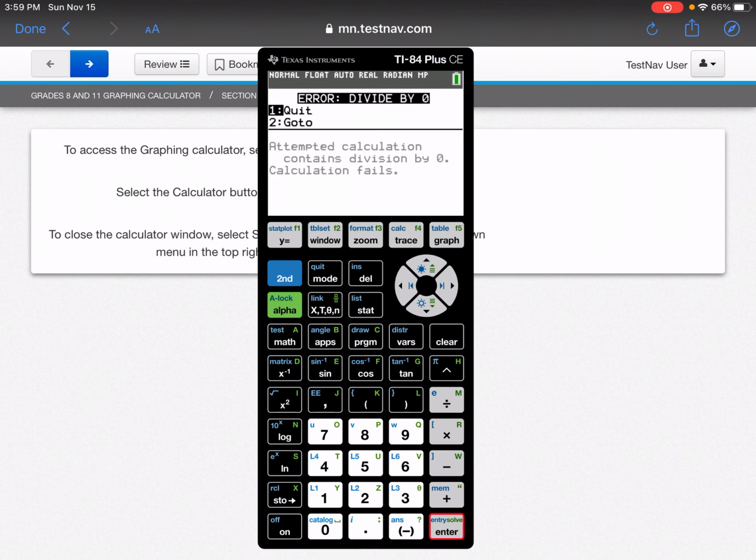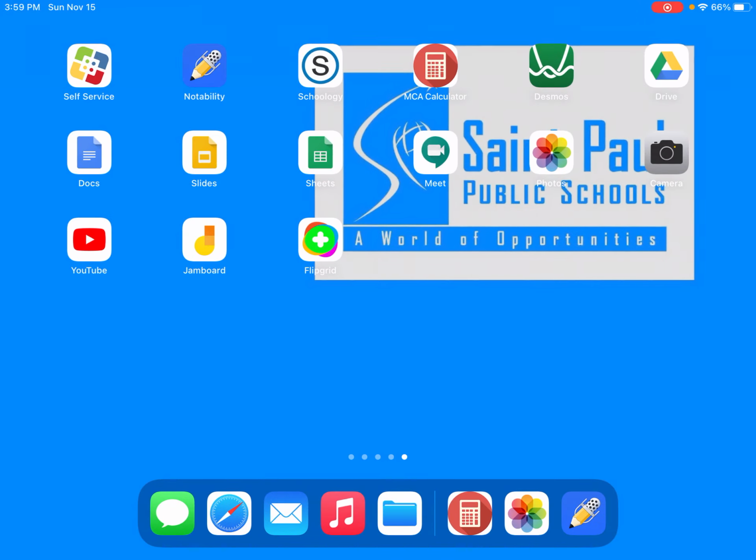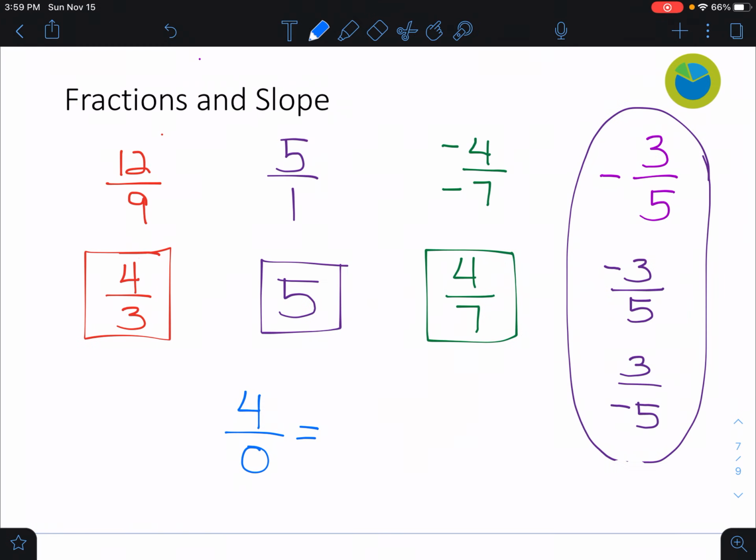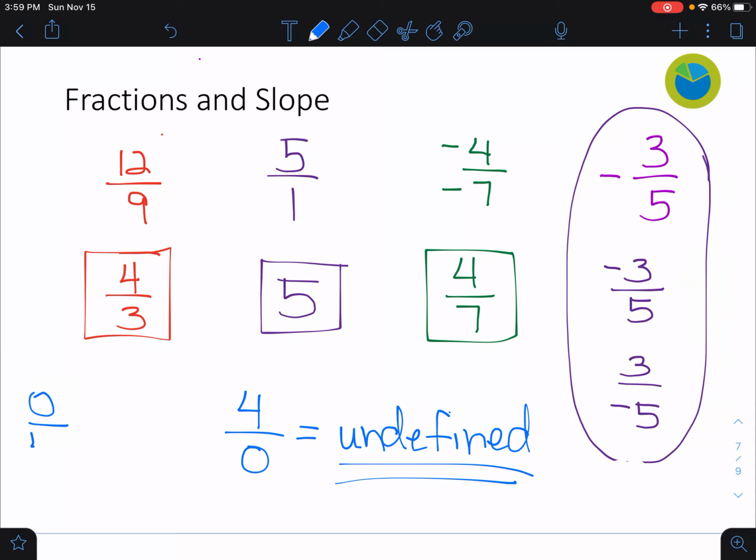It says divide by 0. The reason for that is we cannot divide by 0. This is an illegal move in mathematics. So this is why we said before, this is undefined. If you try to divide by 0, you're going to get undefined. Now, if you do 0 divided by 4, let's do that.